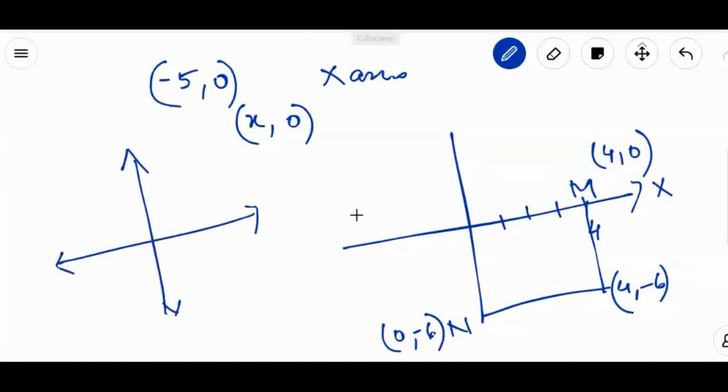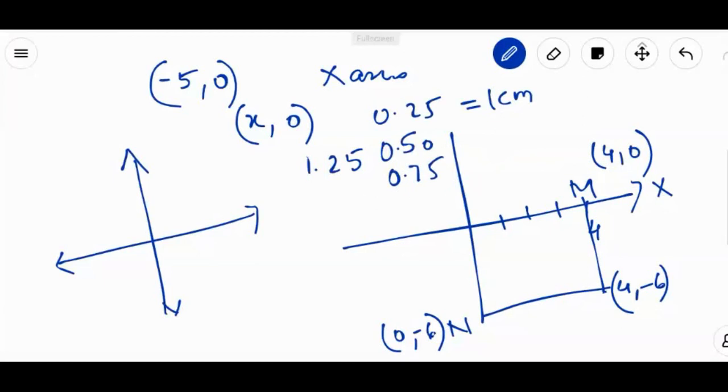If 0.25 is 1 unit, then in your x-axis, your first point is 1.25. If 0.25 is 1 centimeter, then how much is 2 centimeter? 2 centimeter will be 0.5. Then 3 centimeter will be 0.75.